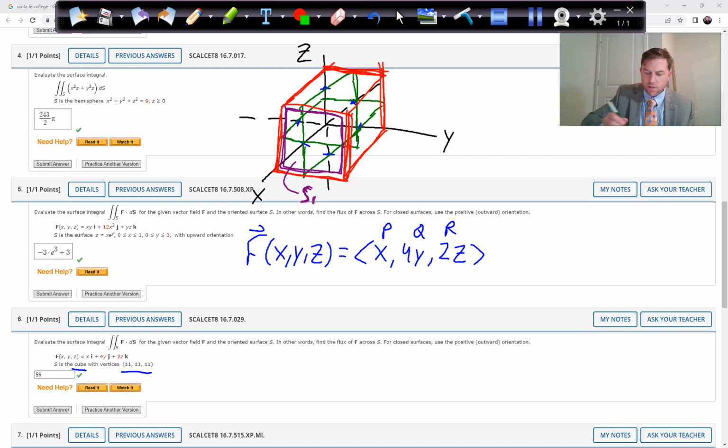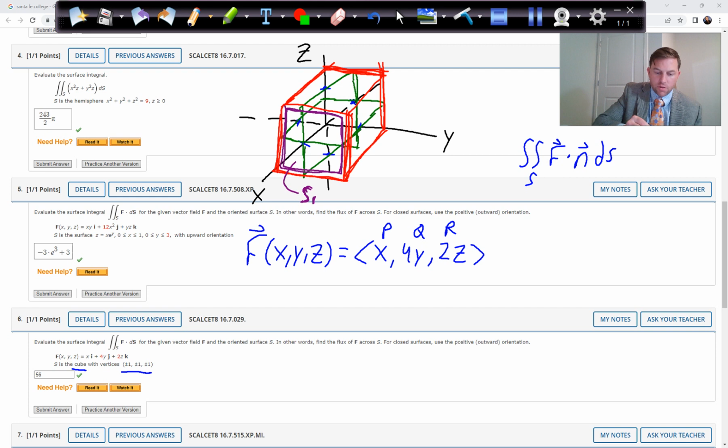So use the simpler, maybe simpler. It's going to be a double integral, let's see how I wrote it. So use this form of flux, the surface integral of vector field F dotted with the normal vector N dS. Because it's pretty easy to figure out what the normal vector would be for this 6-sided cube.